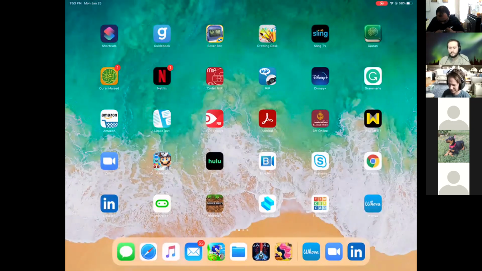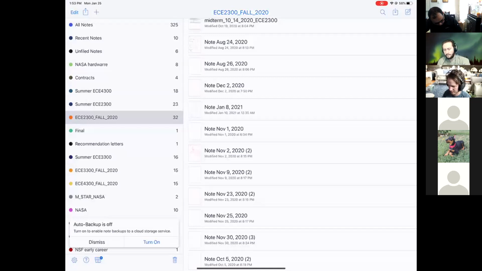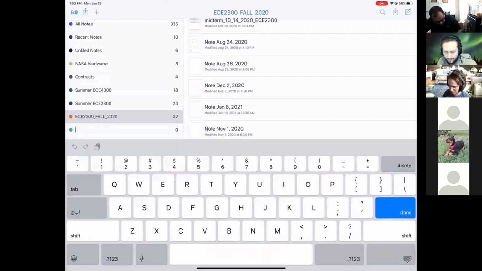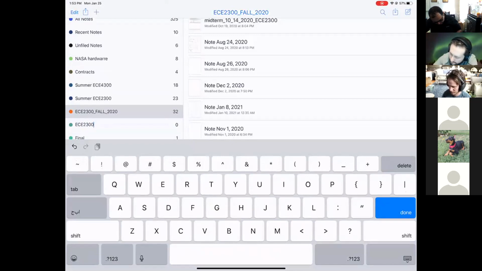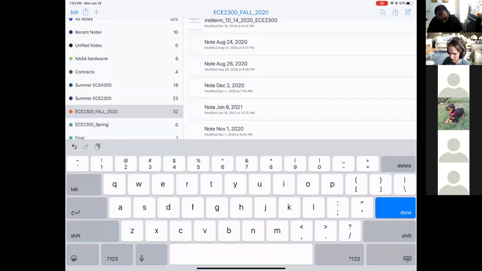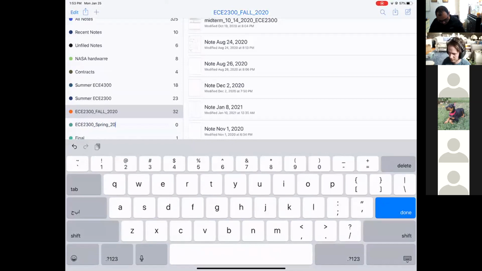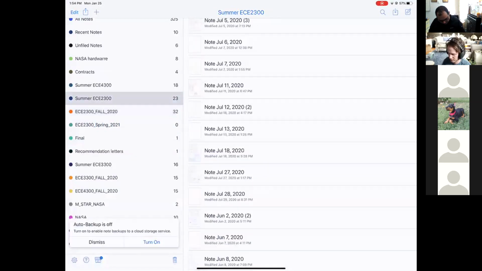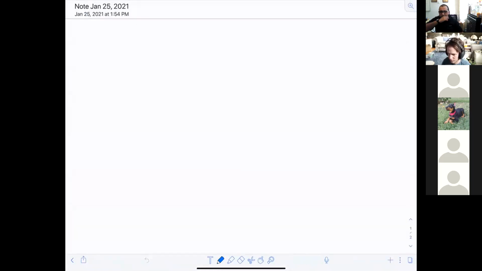Okay, now we go into Notability. We're going to have a new subject called ECE2300. Professor, would it be possible to share the notes after class? I can do that, no problem. I can put it under the supporting material. Okay, now we're going to put here 3 to 5. Everybody can see my screen, right?